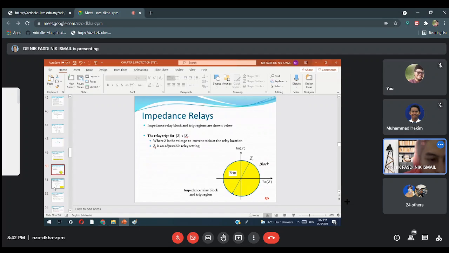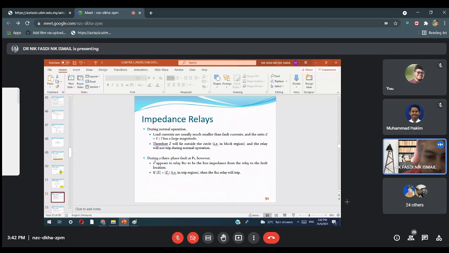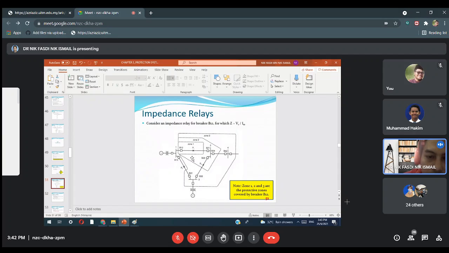Z appears to relay B12 as the line impedance from the relay to the fault location. If Z is smaller than ZR, in the trip region, then B12 will trip. So, to repeat: if Z is smaller than ZR, Z is registered, so B12 will trip.